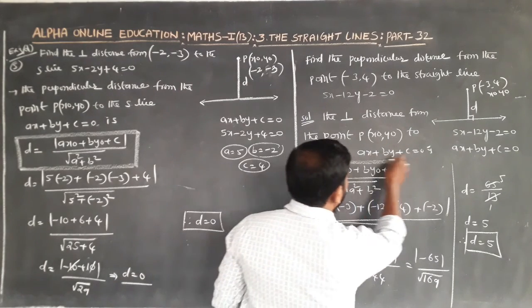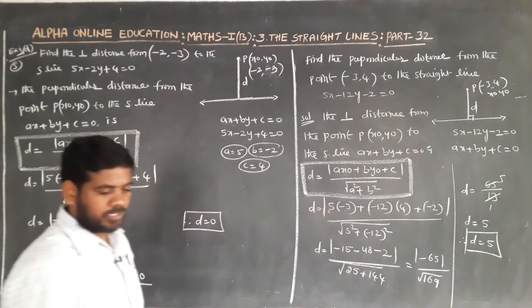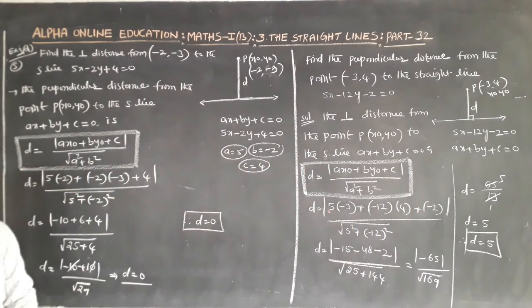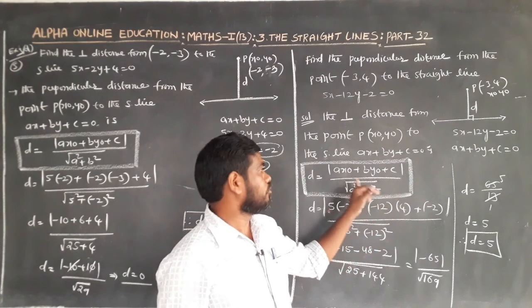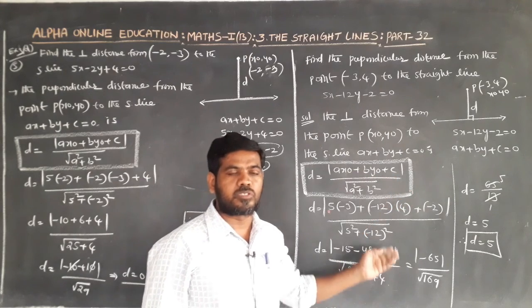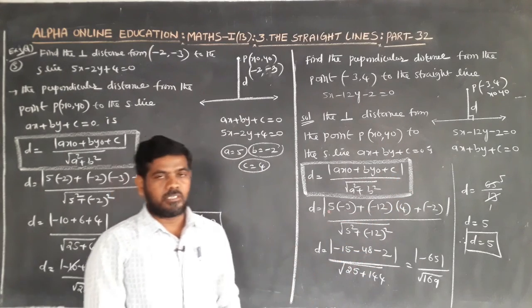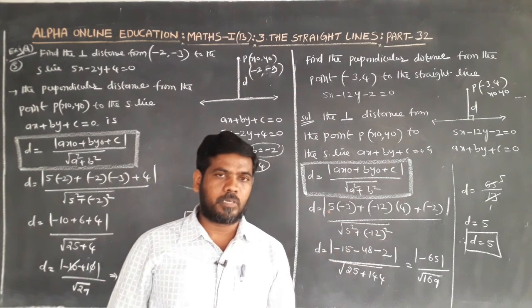Substitute a, b, c and x naught, y naught values and simplify. This is the most important problem for 2 marks. Similarly, try a number of problems.